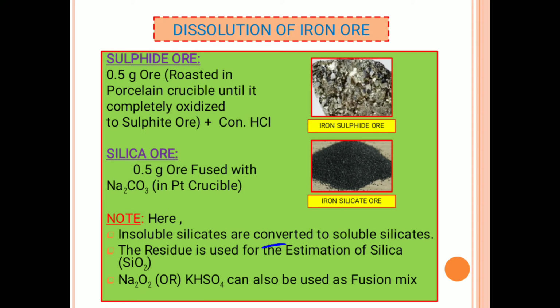After that, you can dissolve the material by using concentrated HCl. So this is iron silicate ore.